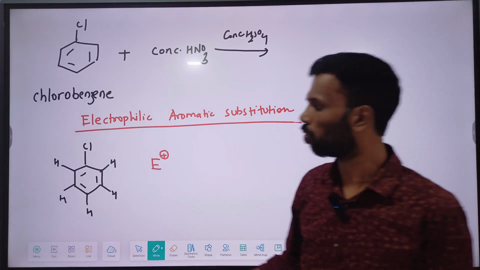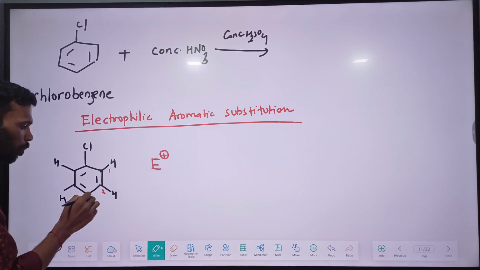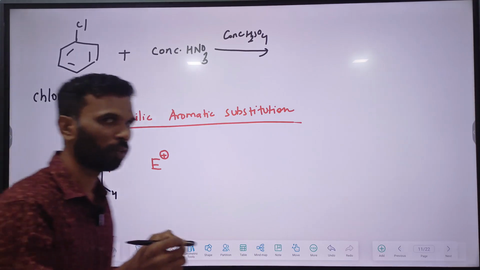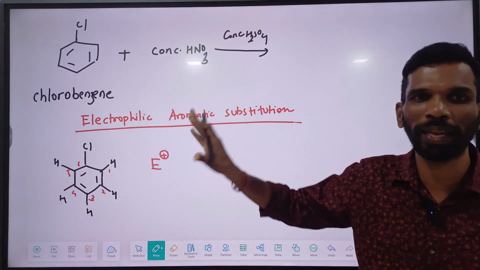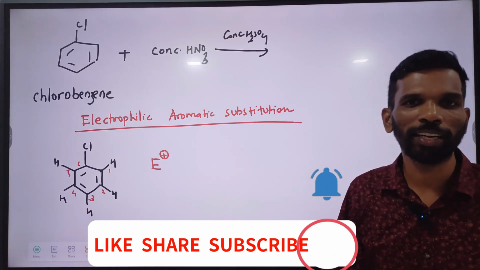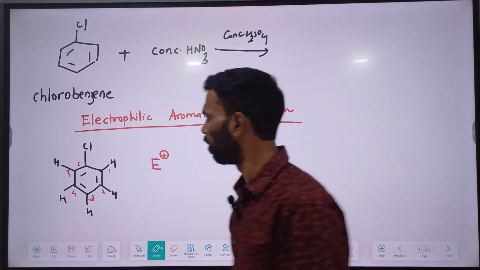Now where will it go? Whether E will go at position 1, or the second, third, fourth, fifth or sixth position. Who decides that? If it was plain benzene, with no substituent, then all positions are equivalent.